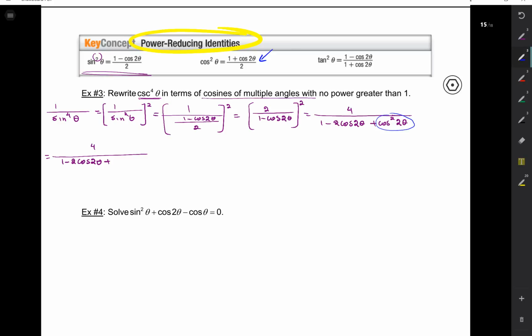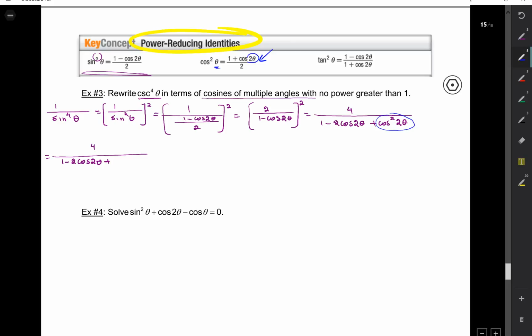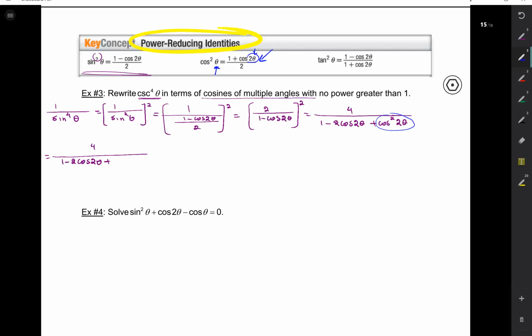Okay, so now look at what this does. Cosine squared theta, right? It takes theta, and now it's 1 plus cosine 2 theta. So what if this was cosine squared x? What would that be? If this was cosine squared x, that would be cosine 2x.